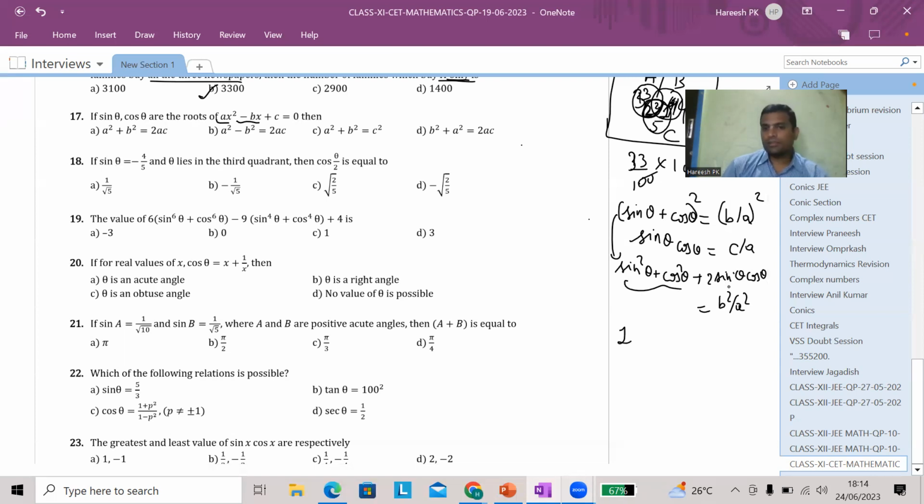And this sine theta into cos theta, you can substitute as c by a. So 1 plus 2 times c by a is equal to b square by a square. Now if we take LCM, make every denominator a square. So you multiply here also a, here also a. Multiply here a square, a square. Finally, you'll end up getting a square plus 2ac is equal to b square.